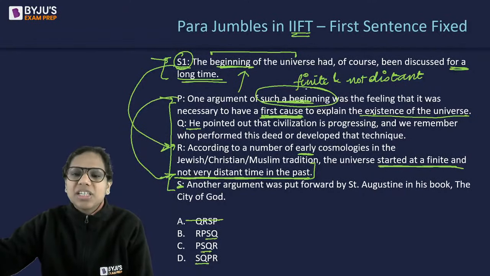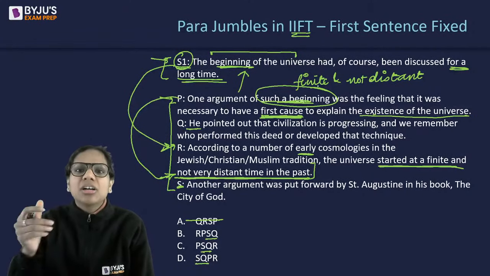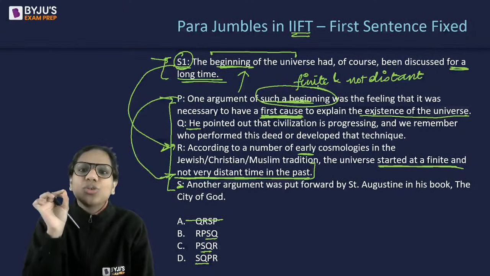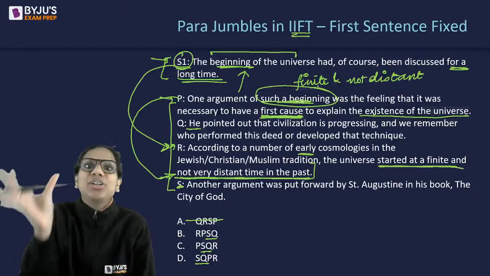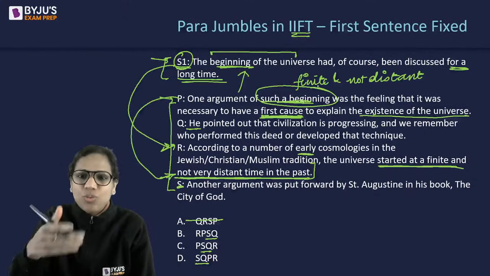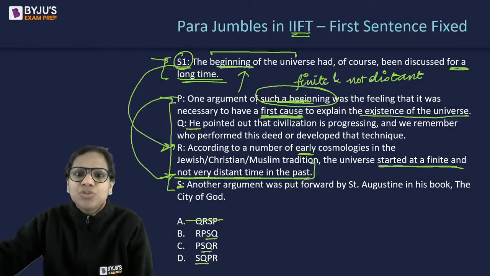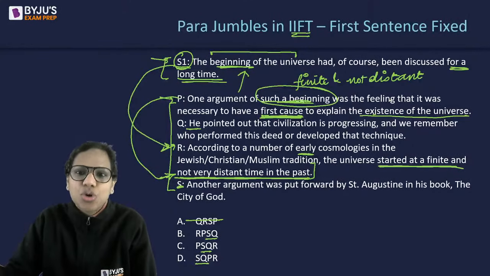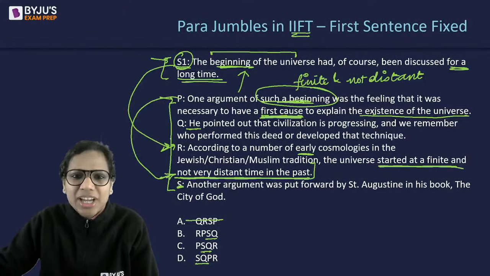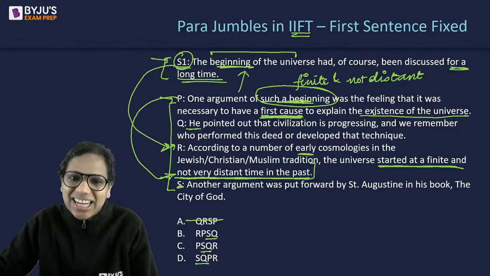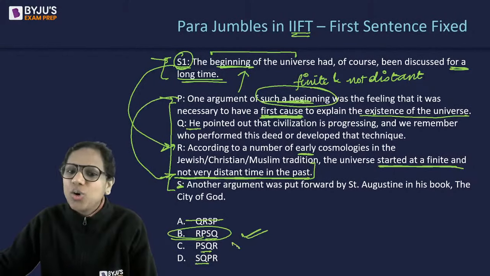Basically, unless you had a finite time when the universe began, you could not actually explain what led to everything, what caused life on the earth, right? And that's why R, then P, then S, and then Q. So the answer is B itself and not C.